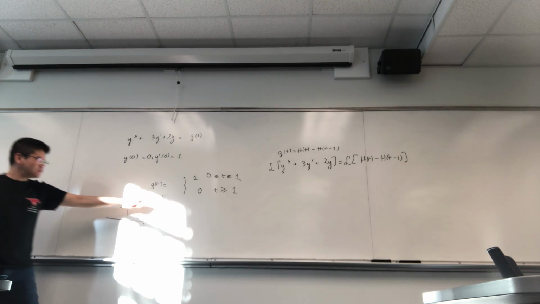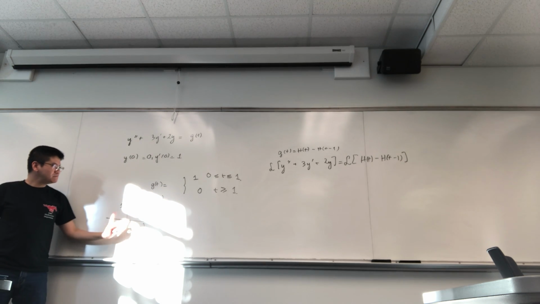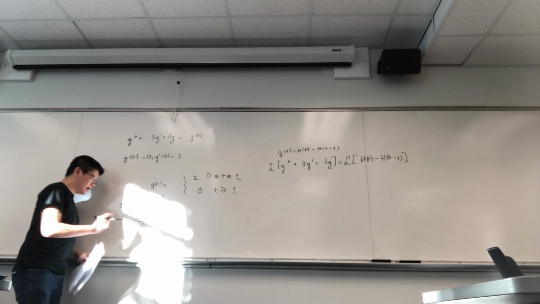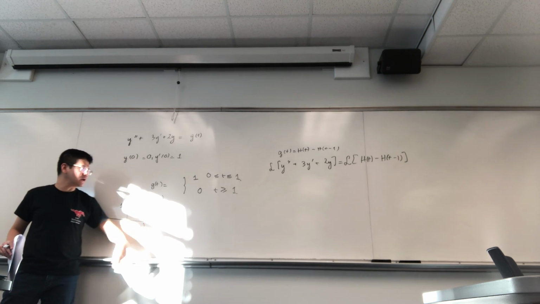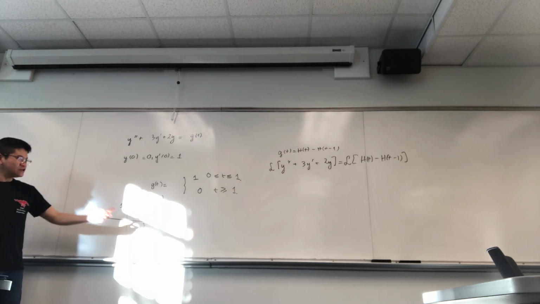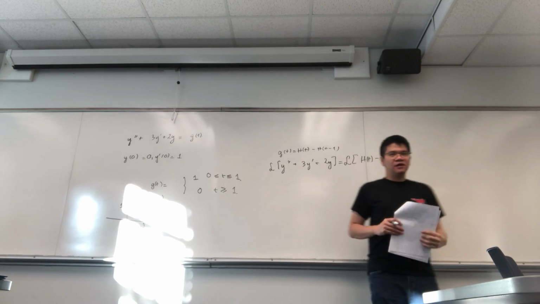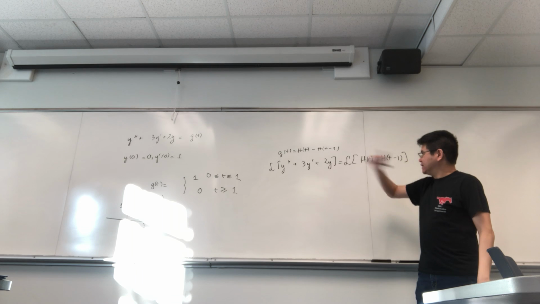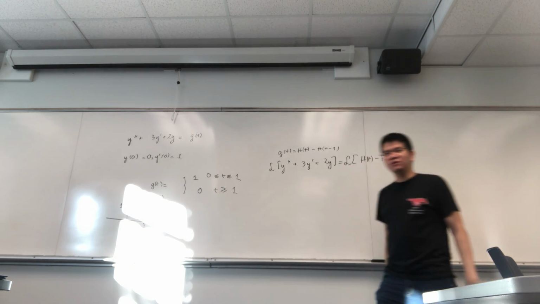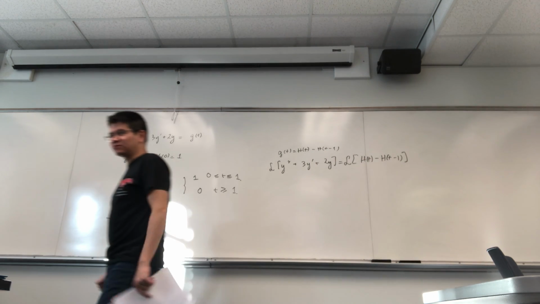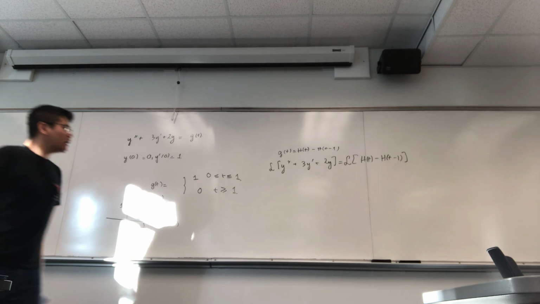The function g(t) is 1 when t goes from 0 to 1, and it is 0 when t is bigger than 1. So this g(t) will be the difference between h(t) and h(t minus 1), as we discussed last time. Now what we do is take the Laplace transform on both sides of this equation.